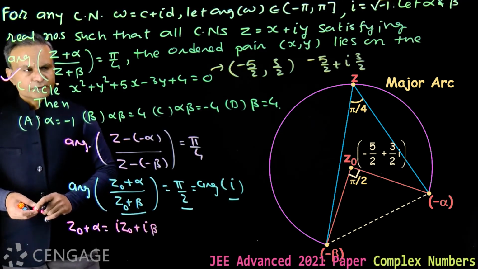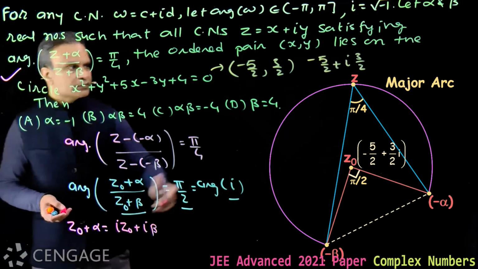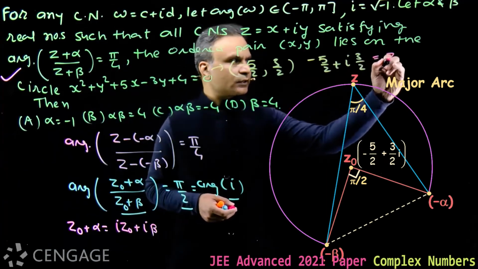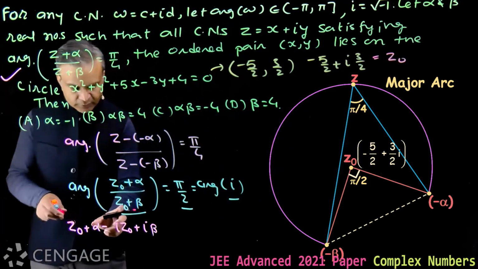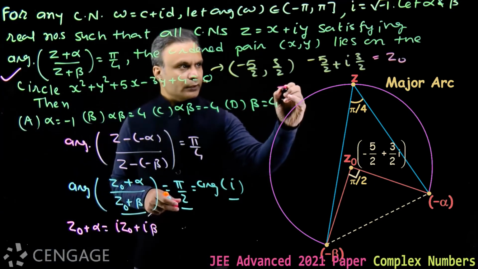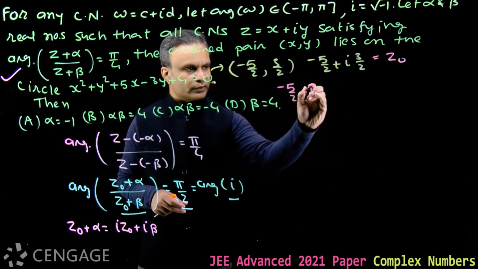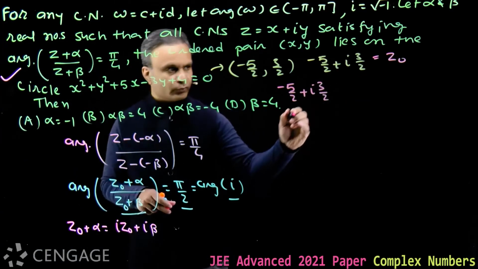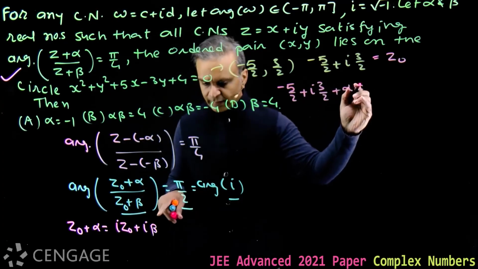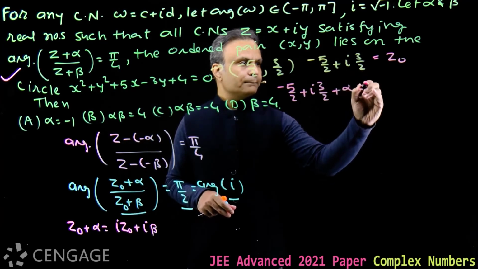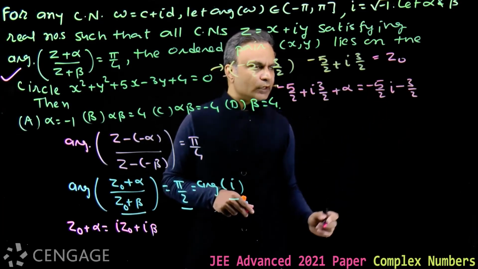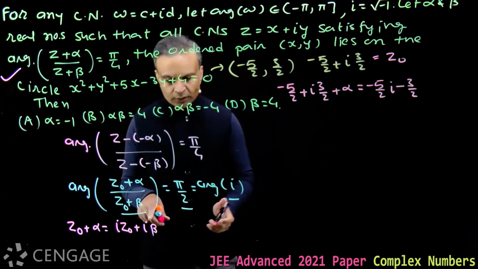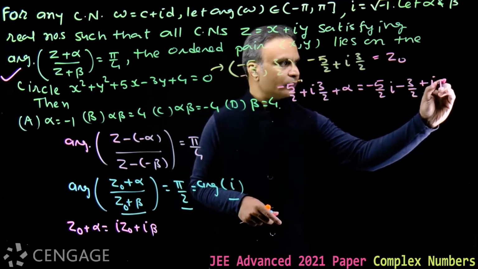Got this? Now Z naught is the complex number of the center. Put the Z naught complex number here in this equation. We get minus 5 over 2 plus iota multiplied by 3 upon 2 plus alpha is equal to minus 5 over 2 iota minus 3 upon 2, since iota square is minus 1, plus iota beta.